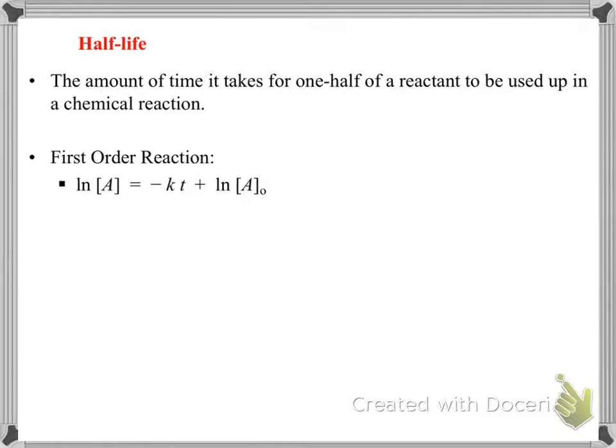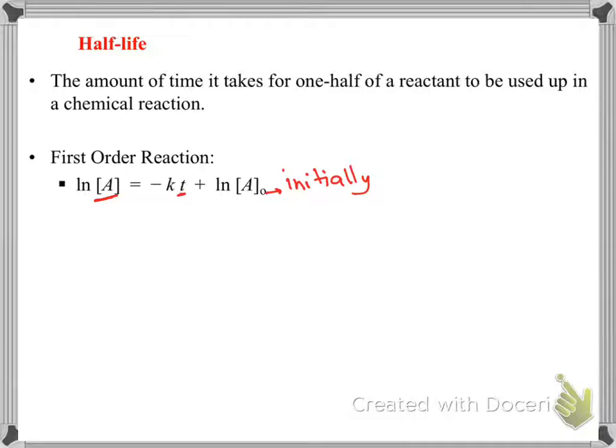Again, we are still discussing the first order reaction. So ln A equals negative kt plus ln A naught. And this A naught means the initial concentration of A, what you started with, and this A is after time t.